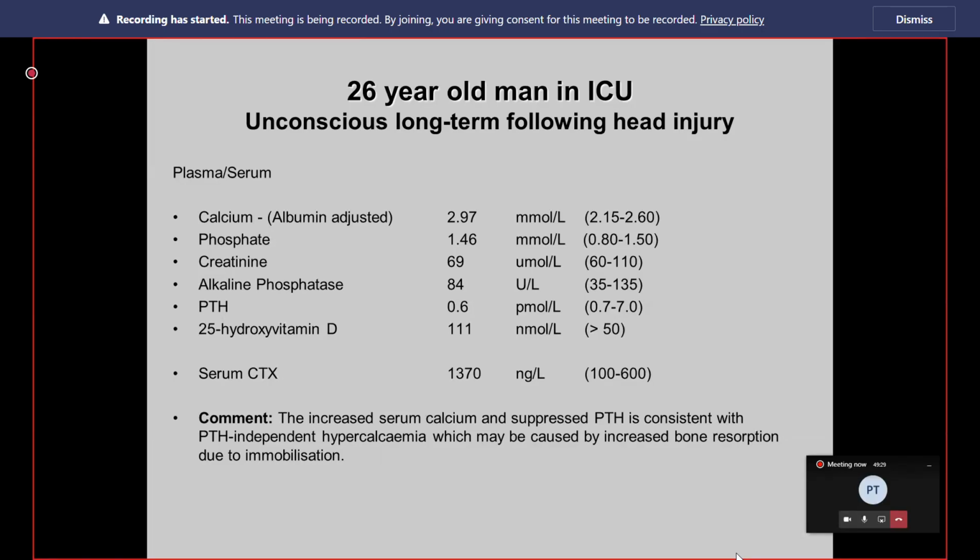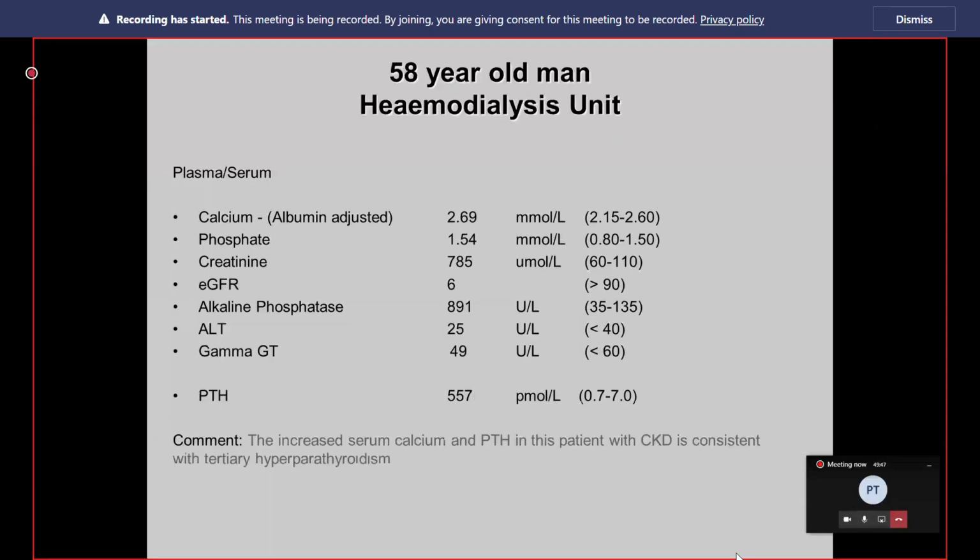The lack of muscle stimulation of the bones leads to increased bone resorption and hypercalcemia, and the PTH is usually suppressed. So anti-resorptive therapy is used to reduce the bone resorption in these patients.